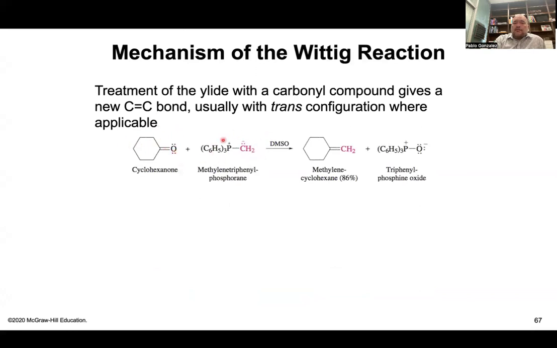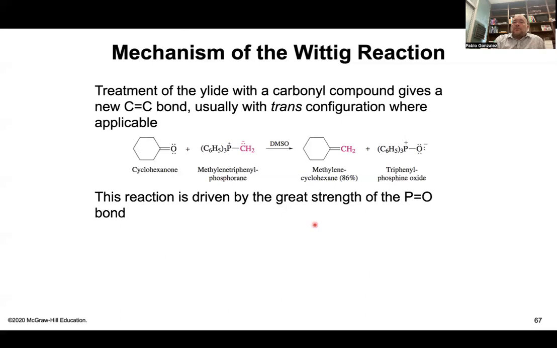We have here the phosphonium ylide. This CH2 is going to substitute the oxygen in here, okay, to create the alkene. That's our main product. And we're going to have here the phosphine oxide. This oxygen from the carbonyl group is going to replace the CH2 or the alkyl group that you have in here in the ylide, okay?